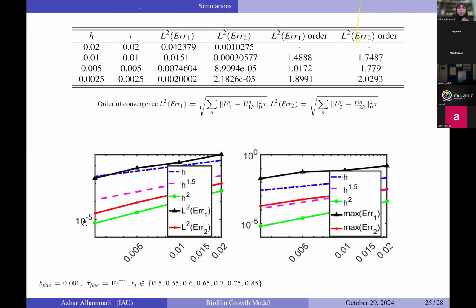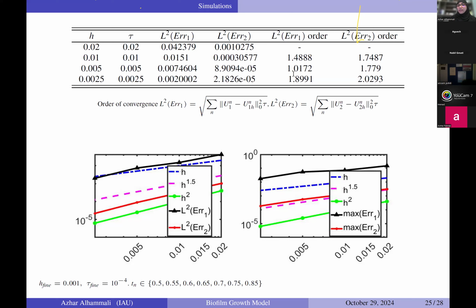And also we compute the errors for the biomass and the nutrient in the L2 norm. Here are the results with different values of h, the spatial step size, and tau, the time step size.